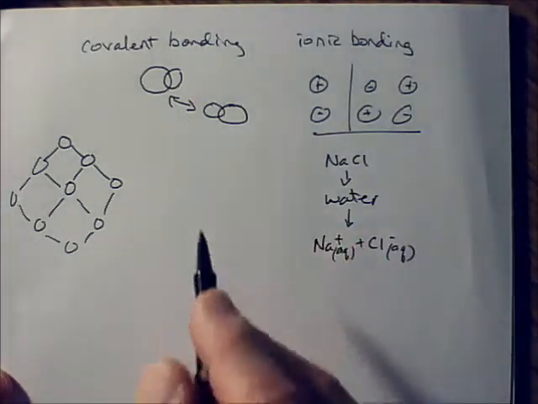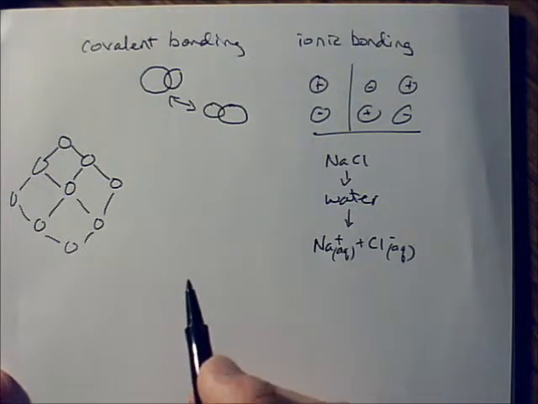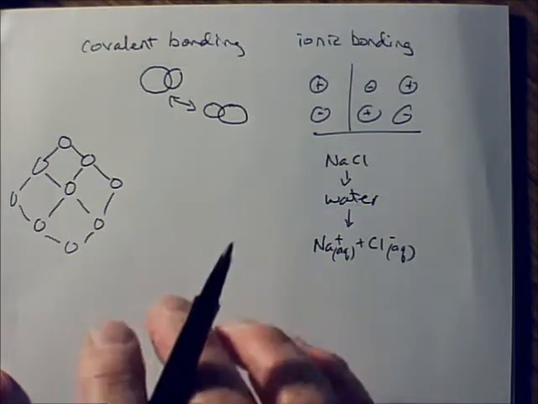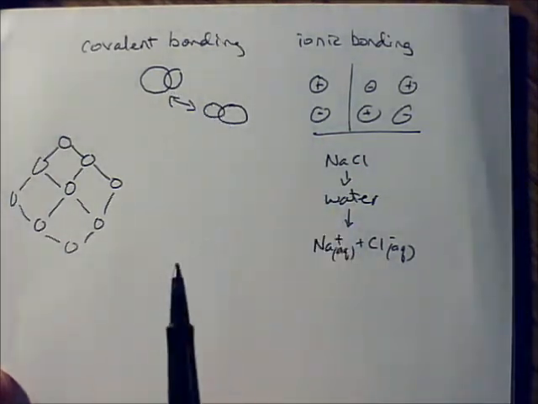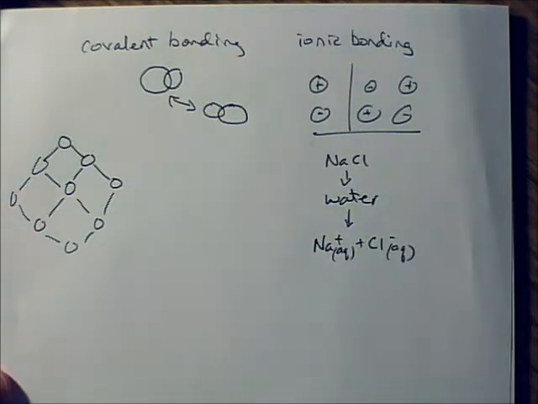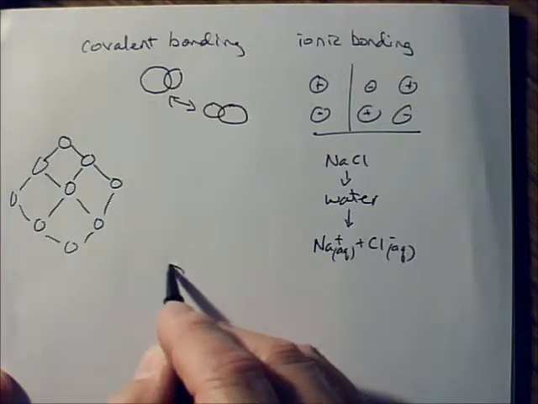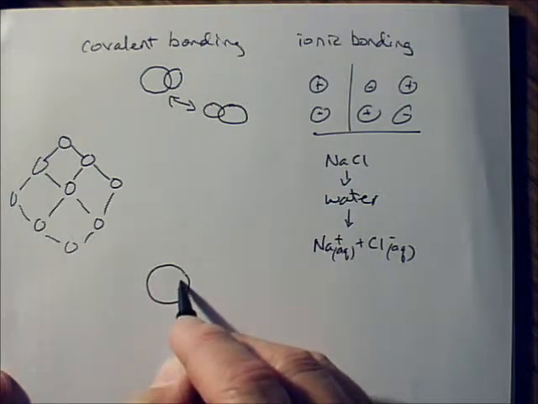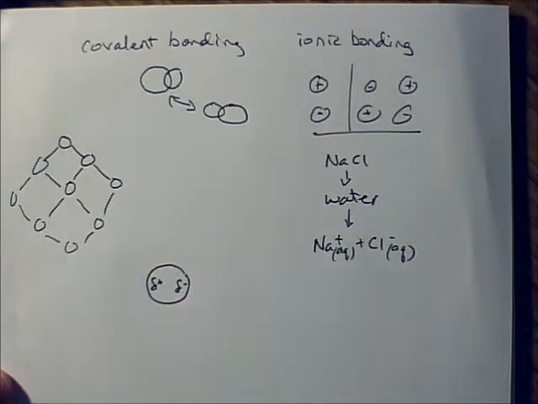Now, with covalent bonding, there are attractions between particles, and what we're going to spend a lot of time in this unit looking at is how they get attracted, because it's not as simple and straightforward as these positive and negative charges. In a previous unit, we did look at molecules that have a partially negative side and a partially positive side, like water.